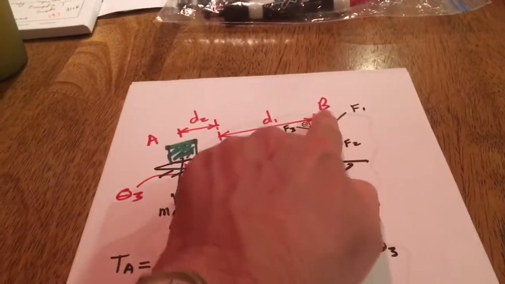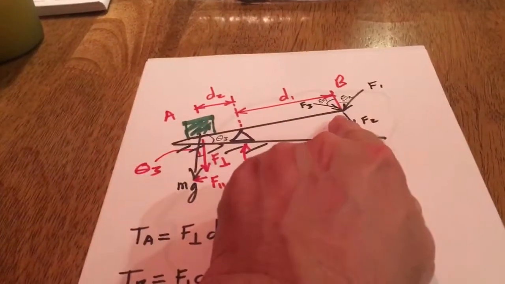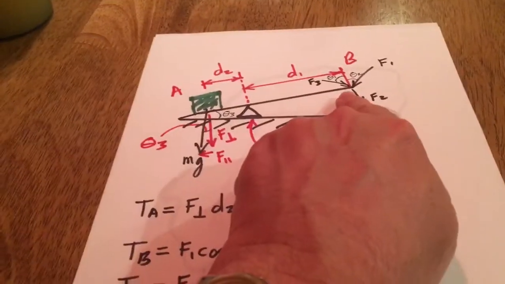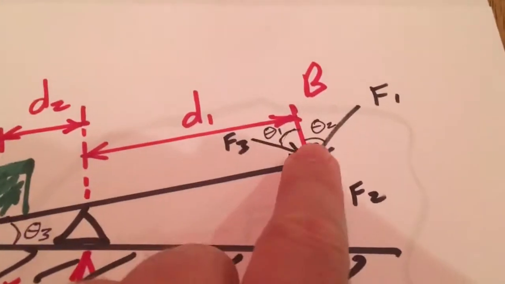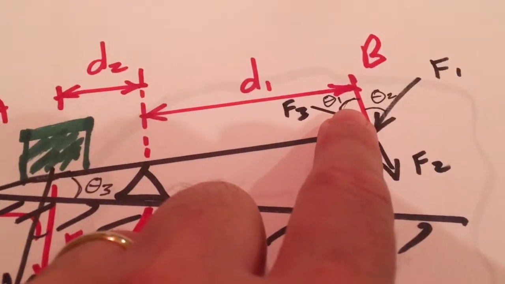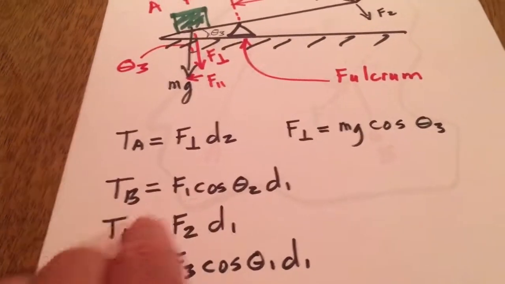So here's the point B that we're concerned about. Here's a torque created by force sub 1, and its angle of interest here is theta 2, and the angle here is theta 1. But for force 1, we're going to look at theta 2, and so here is the torque created by that.